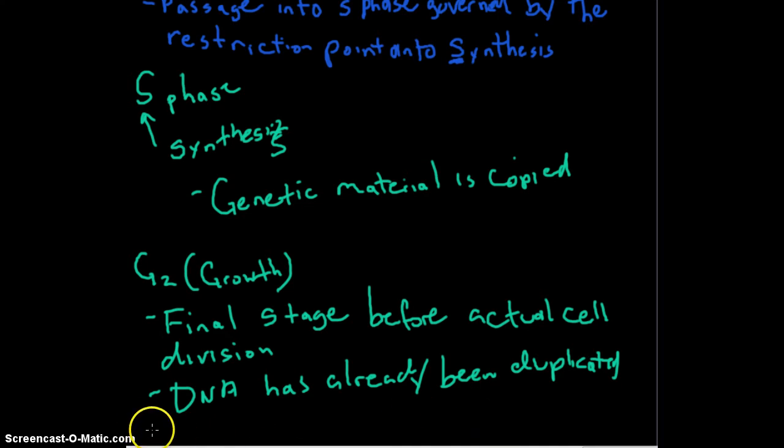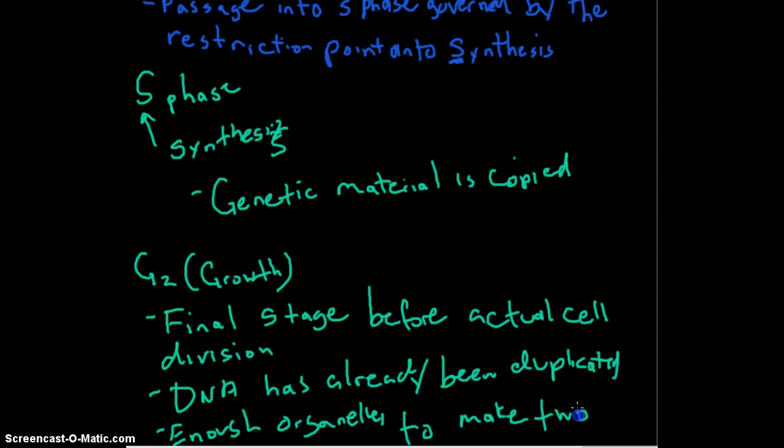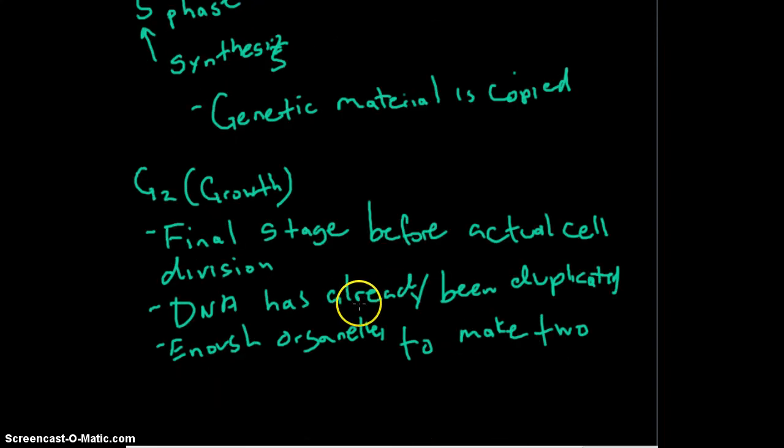And G2 is also another point where we want to make sure there's enough organelles and cytoplasm. We'll just say organelles to make two identical cells. In this case, it's body cells. Two identical cells.